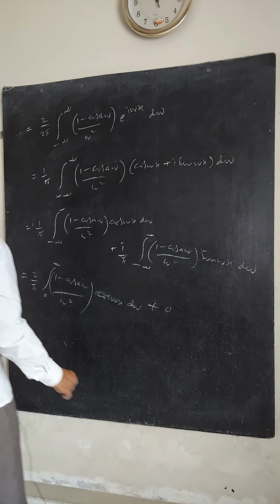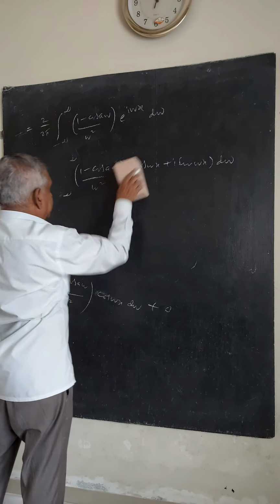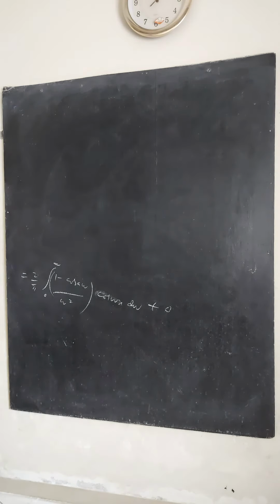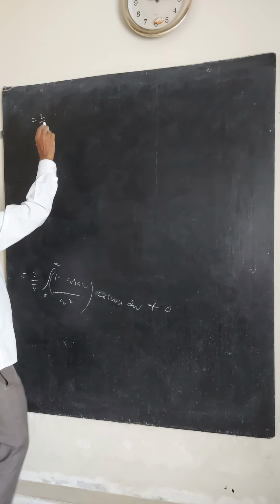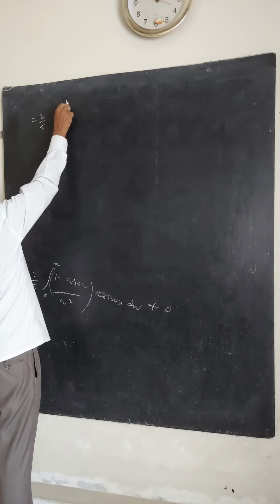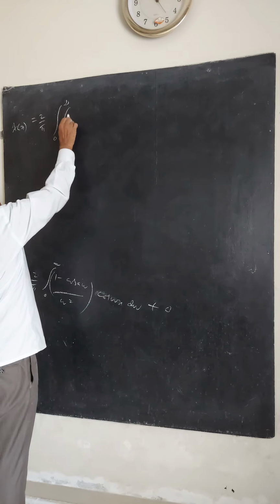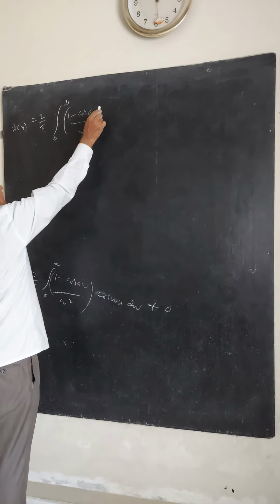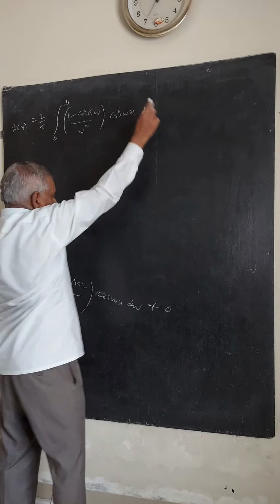This is entirely an odd function. So f of x equal to 2 by pi, 0 to infinity, (1 minus cos a omega) by omega square cos omega x d omega.